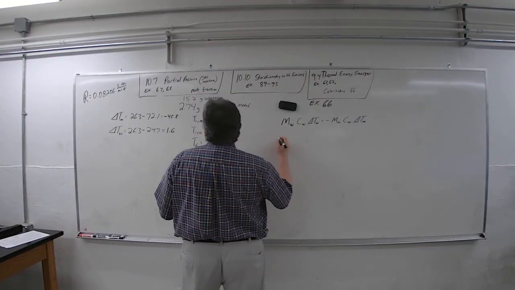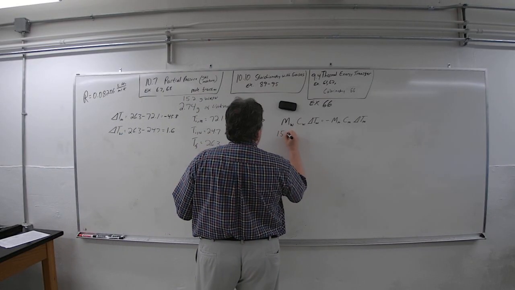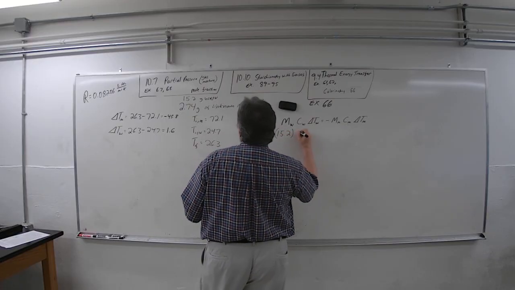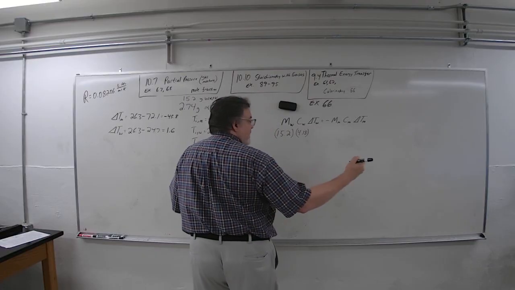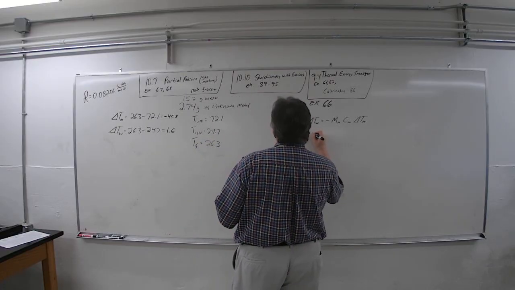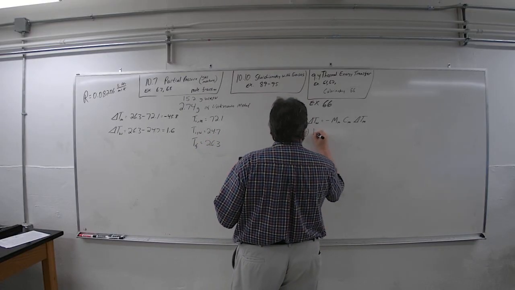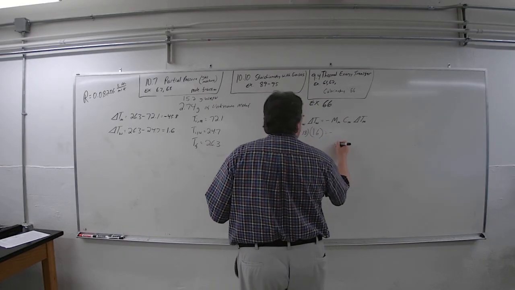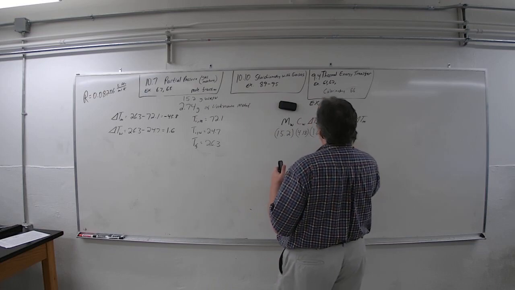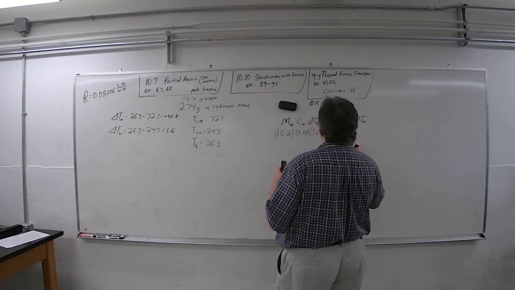All right, mass of the water, 15.2. Heat capacity of water is 4.18. It's in that chart. Delta T of the water is 1.6. Mass of the metal is 2.74.